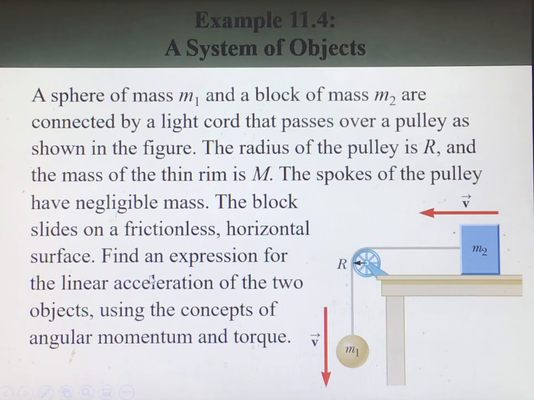What I want to do is find an expression for the linear acceleration of the two objects using the concepts of angular momentum and torque. We've solved this type of problem before, but the difference here is that now we need to take into account the fact that this pulley is also rotating. So we need to add the acceleration of the pulley into the equations.